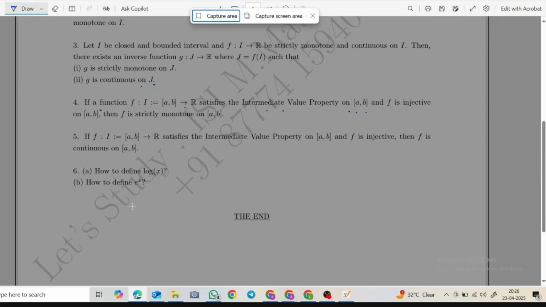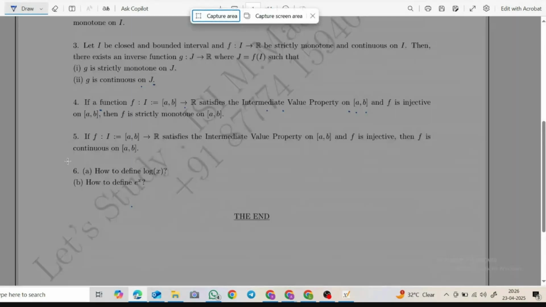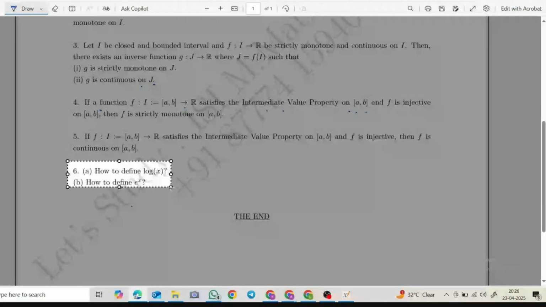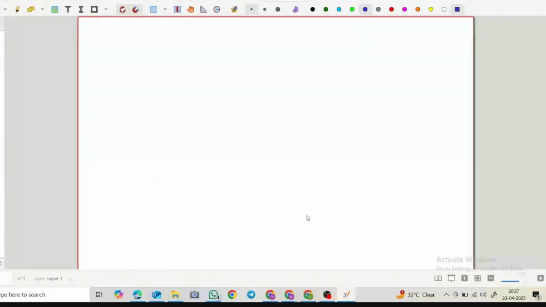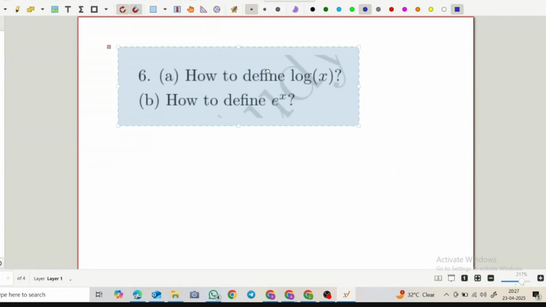Revati, is the question clear? Okay, so let me elaborate it for a moment. Forget part B for the time being. Just concentrate on part A.